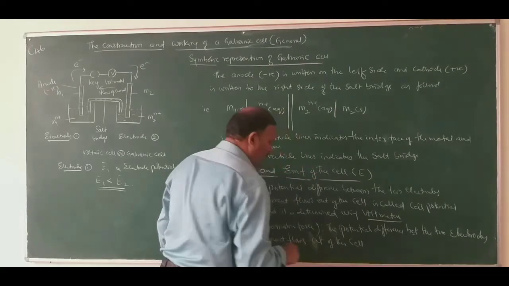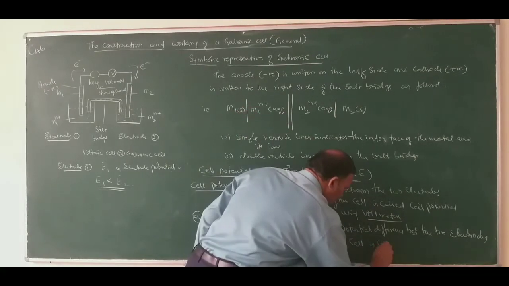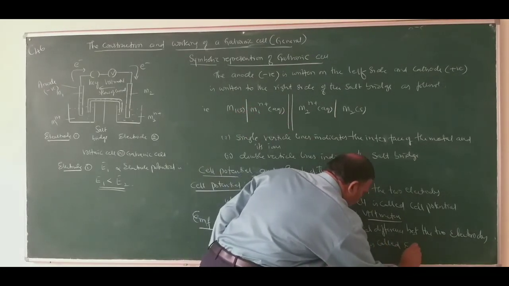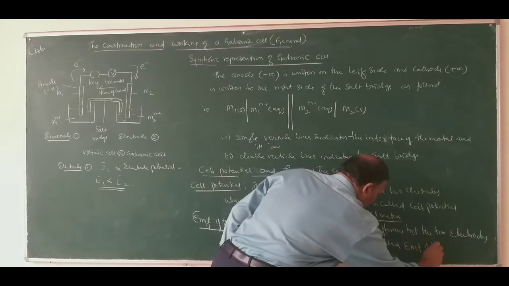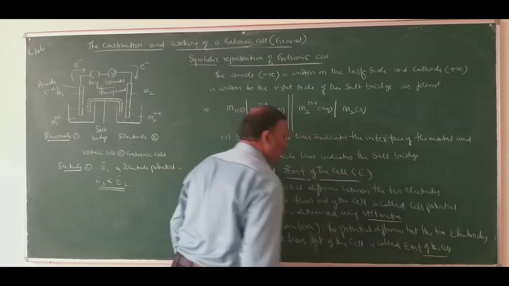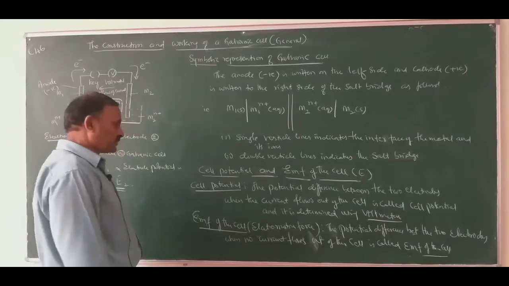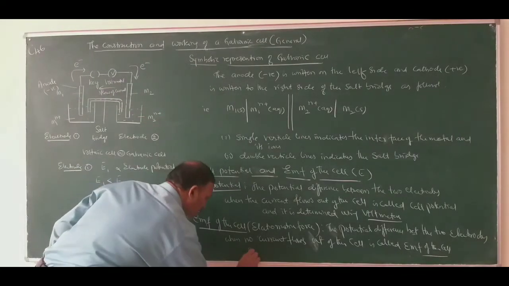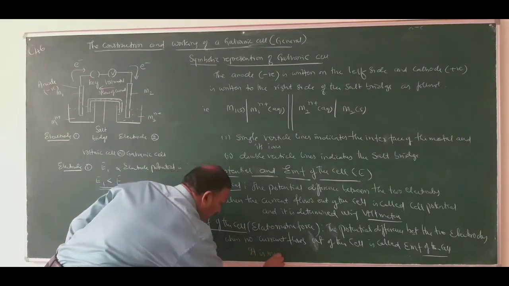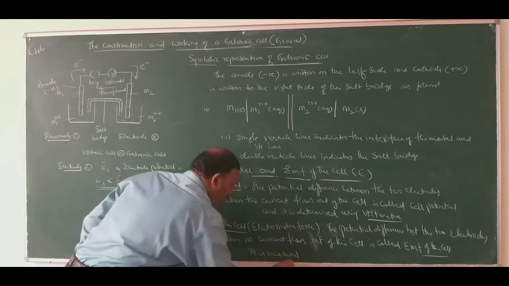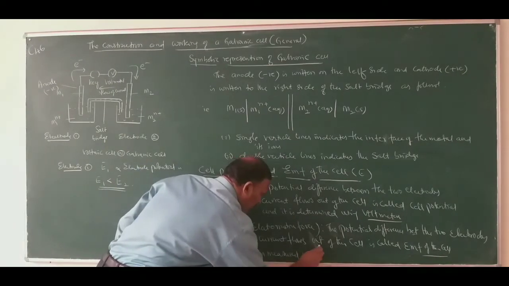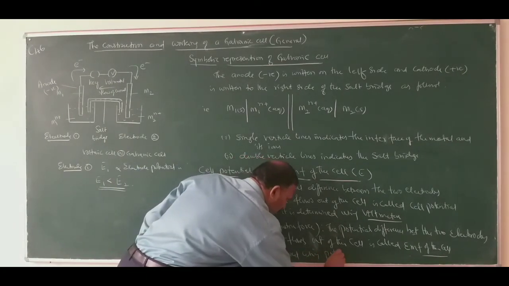When no current flows out of the cell, it is called EMF of the cell. So it is measured using a potentiometer.